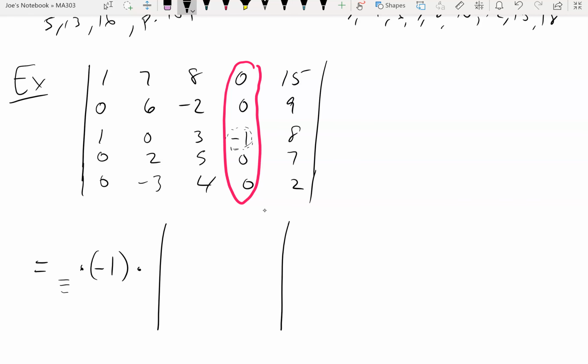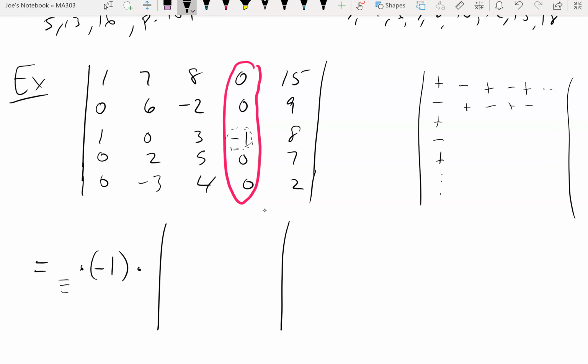And that was that idea of the sign board that I was talking about in the video. Okay? So remember, for the sign board, it's easy to make. It always starts with a plus sign in the upper left-hand corner, and you alternate as you go across the rows or down the columns.